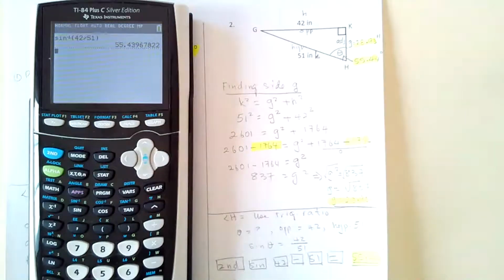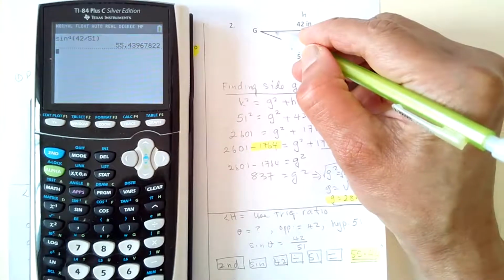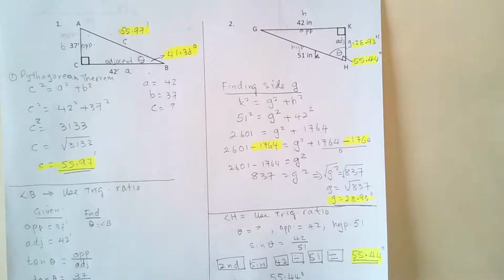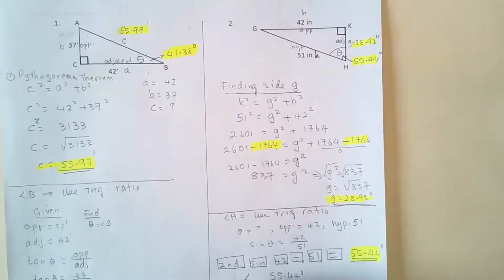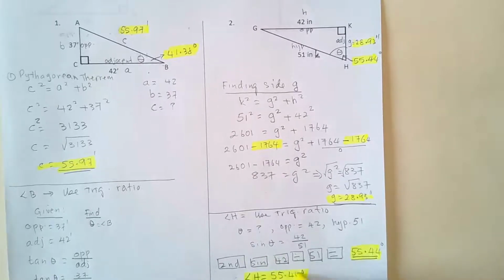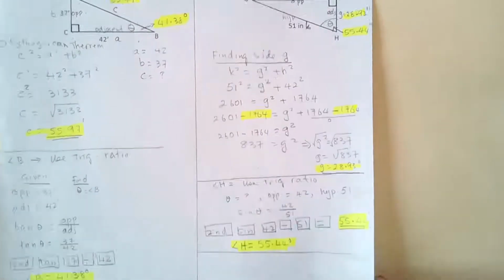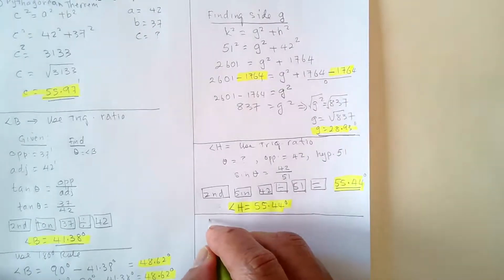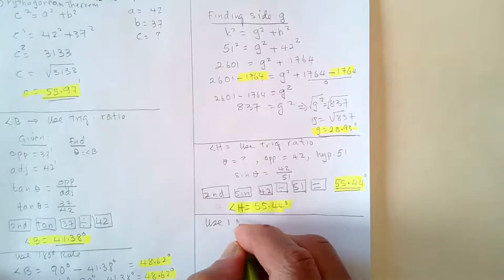Now we need to find the missing angle G. This is where we use our rule, the 180 rule. Angle H is 55.44 degrees. To find angle G, use the 180 rule.